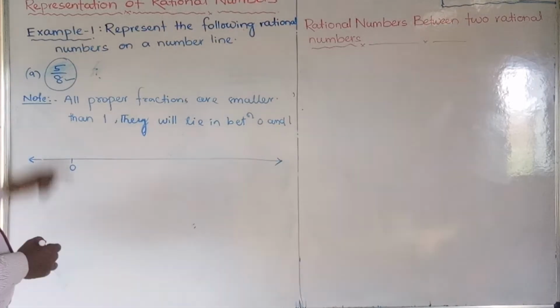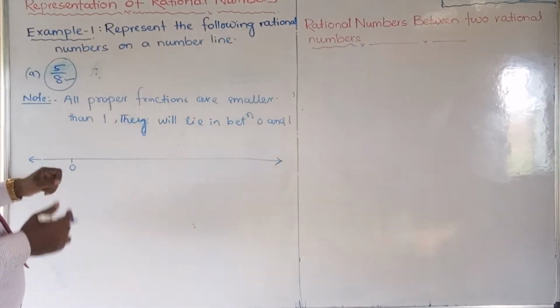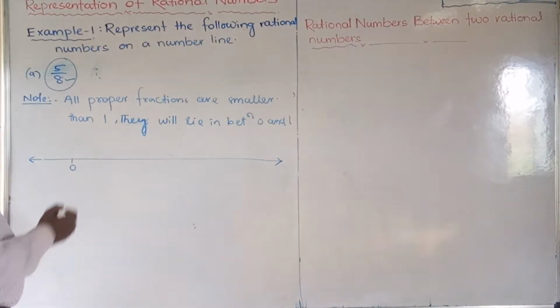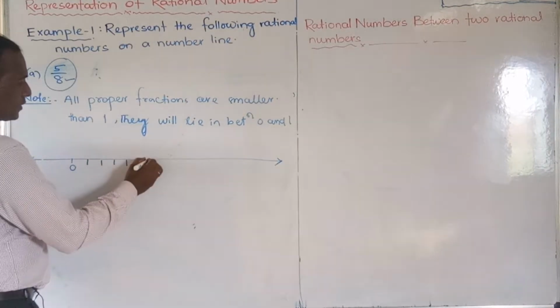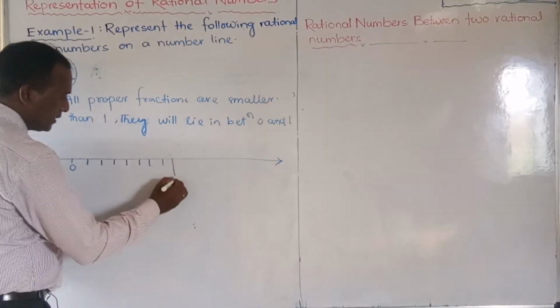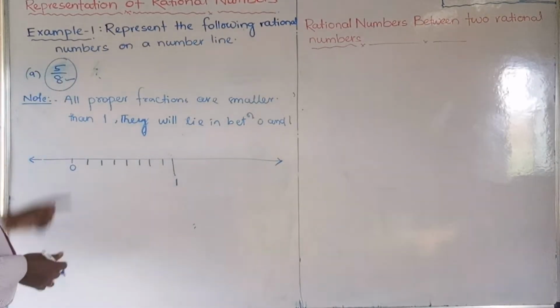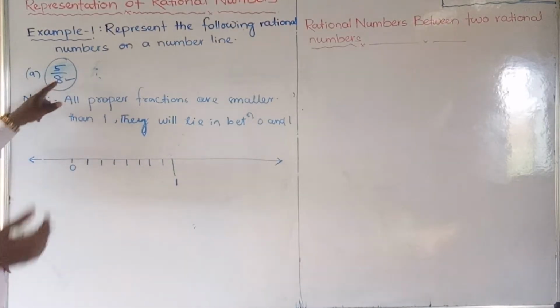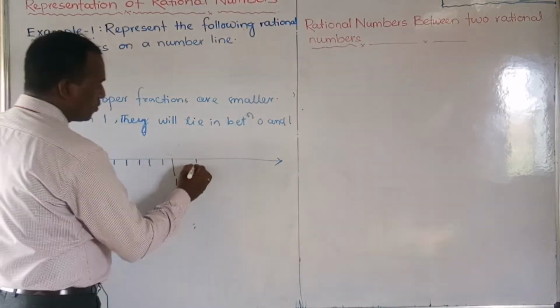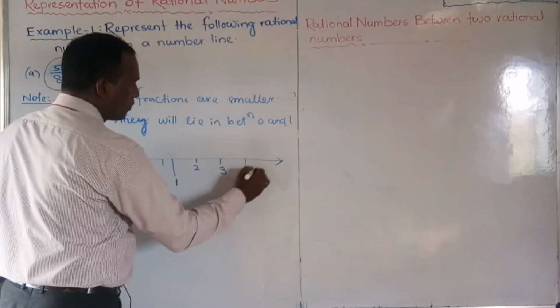It is 8, so you have to make 8 parts. First 1, 2, 3, 4, 5, 6, 7, 8. This is 1. So remember, between 0 and 1 you have to make 8 parts. And next you put 2, 3, 4.